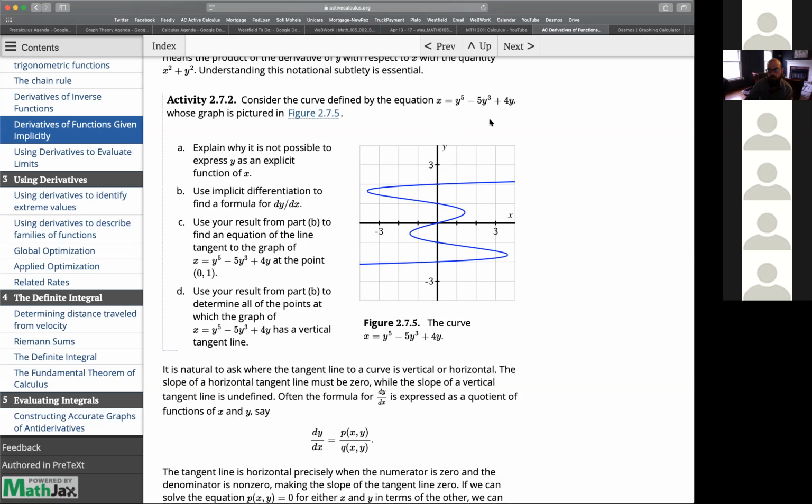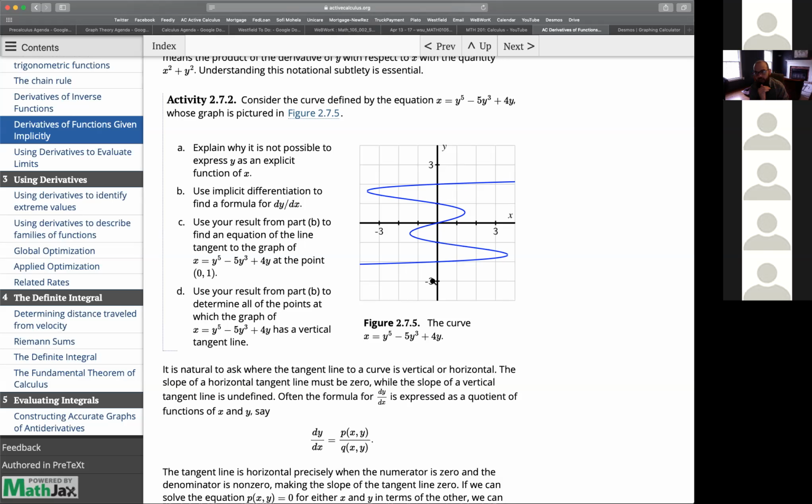So what about graphically? Does anybody notice anything over here graphically? It's not a function, yeah. So it's not a function with respect to x. If I draw a vertical line, specifically at x equals 0, you can see that it hits the graph in 1, 2, 3, 4, 5 places.